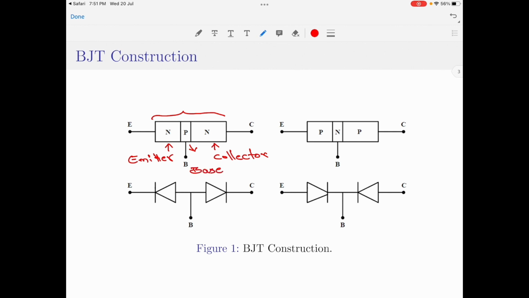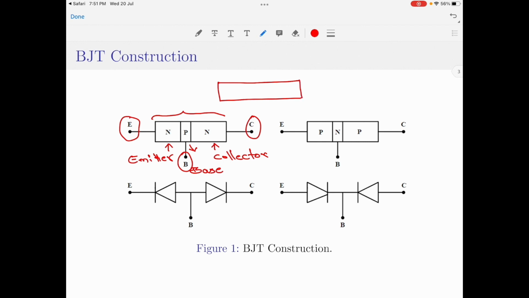This is the reason why the terminals of each semiconductor region are denoted with the first letter of the corresponding names. E here stands for emitter, B stands for base and C stands for collector. Whenever you want to draw a BJT, you first draw a box and then divide the area coverage.